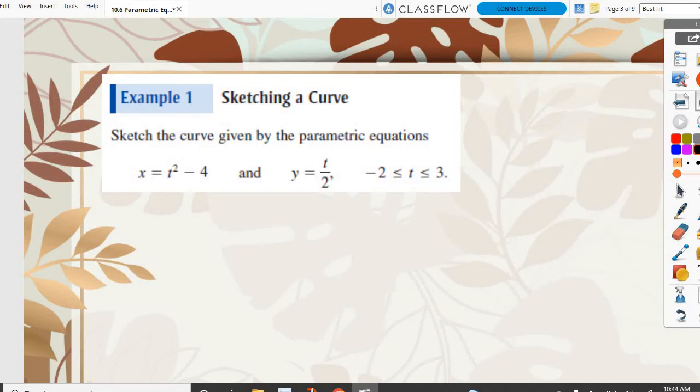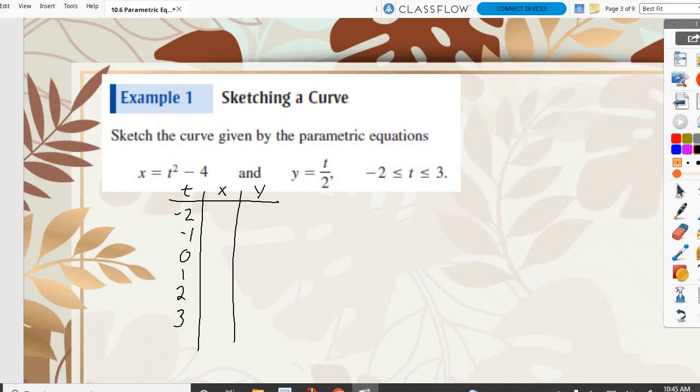So instead of a T chart, we're going to have an H chart, because we have 3 variables. We have t's, we have x's, and we have y's. Our inputs need to be between -2 and 3.